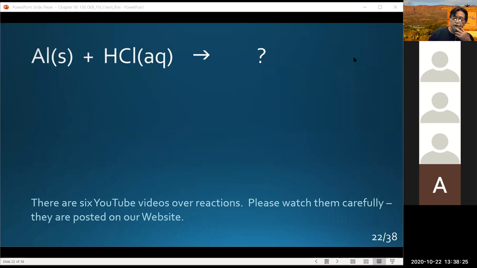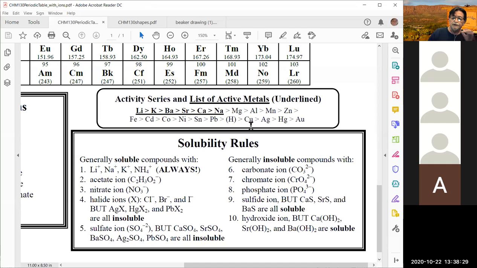remember on the periodic table, with respect to the activity series, that scale is relative to hydrogen. And that's why you will find hydrogen right here in parentheses. The elemental hydrogen will be H2.